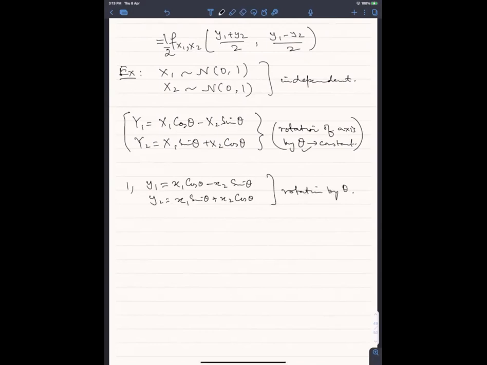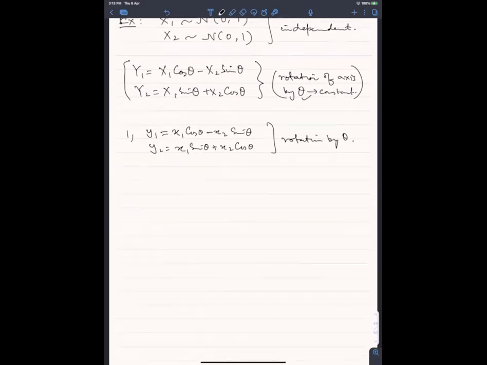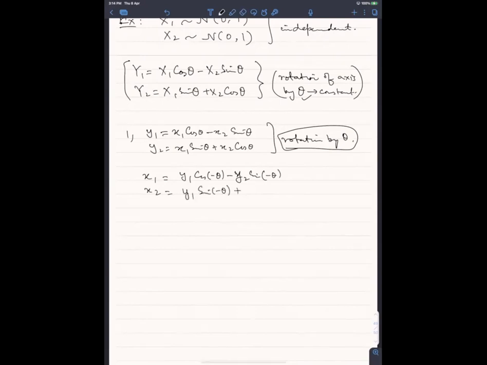Either you solve by using some other method for x1 and x2, which you can certainly do, or just realize that this is rotation by theta, so you just need to rotate by minus theta to get x1 and x2. x1 is equal to y1 cos of minus theta minus y2 sine of minus theta, x2 is equal to y1 sine of minus theta plus y2 cos of minus theta.